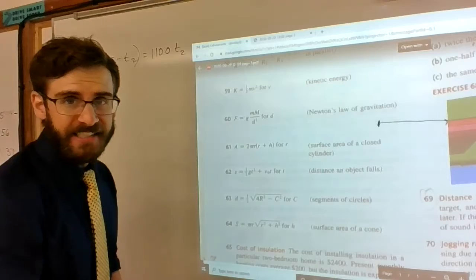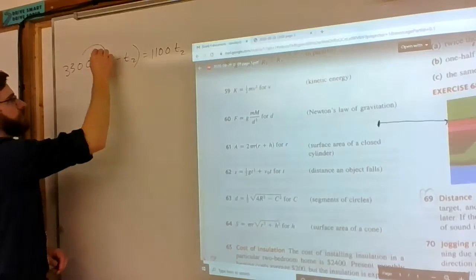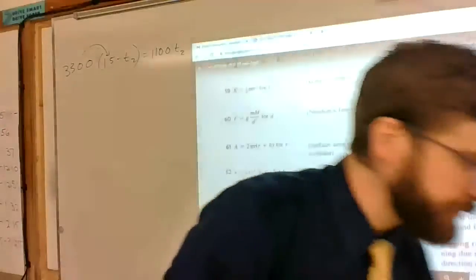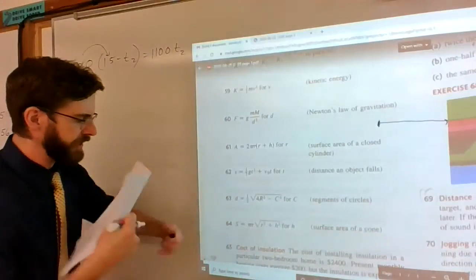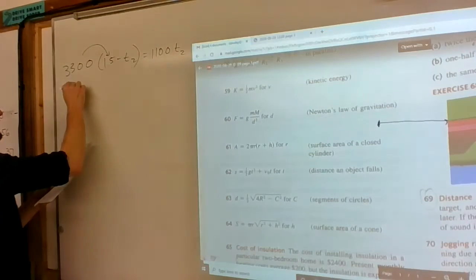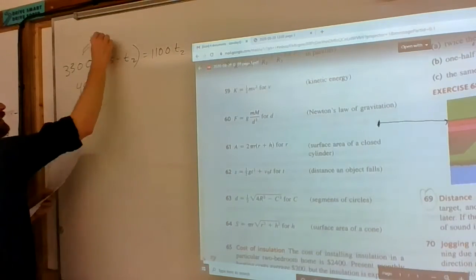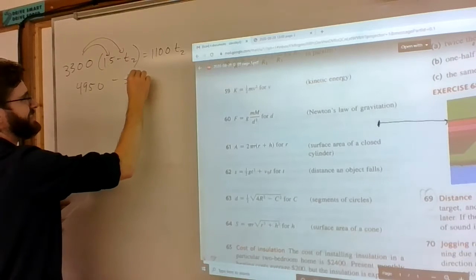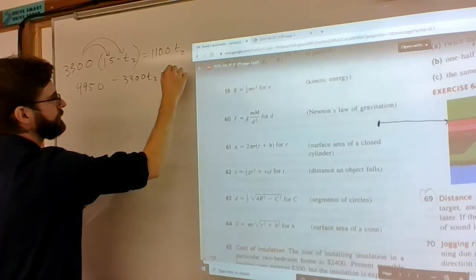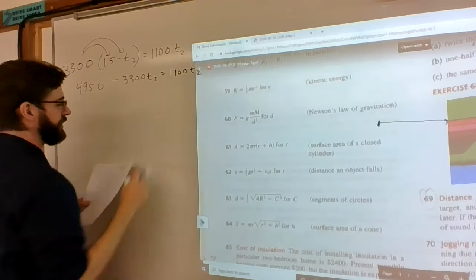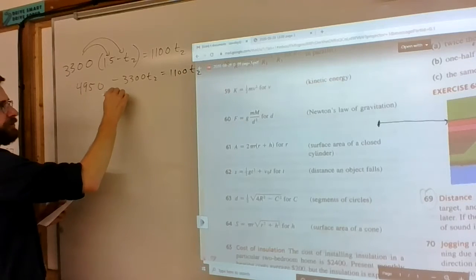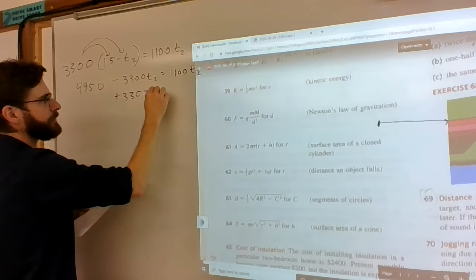Now it's just a game of getting T2 by itself. I got these numbers already, no need to recalculate. So this will be 4,950 minus 3,300 T2 equals 1,100 T2. Add the 3,300 T2 to both sides.